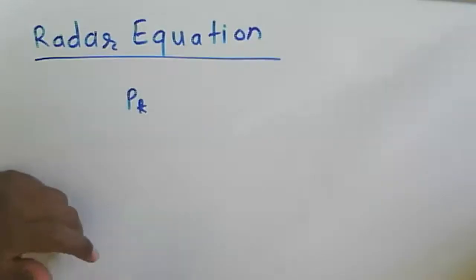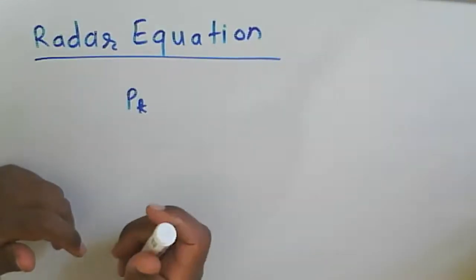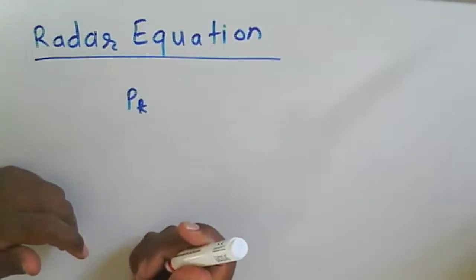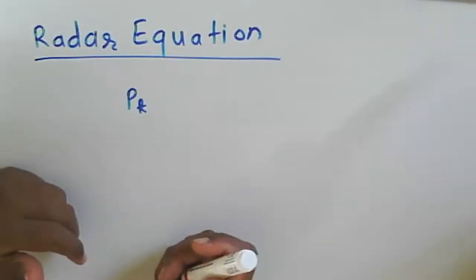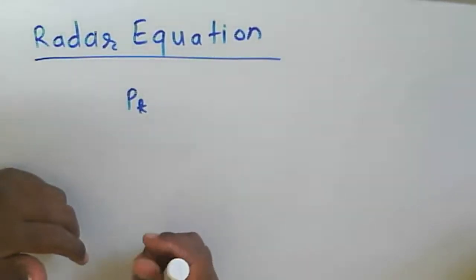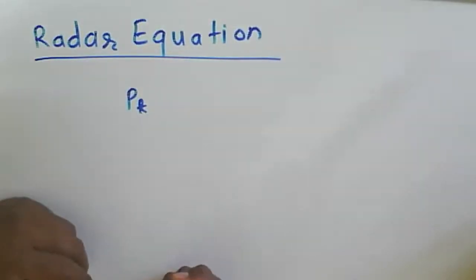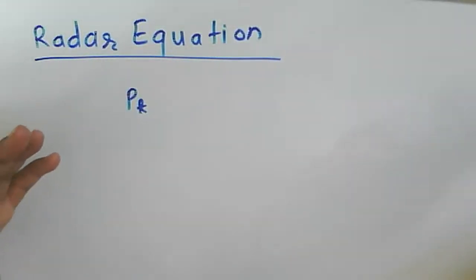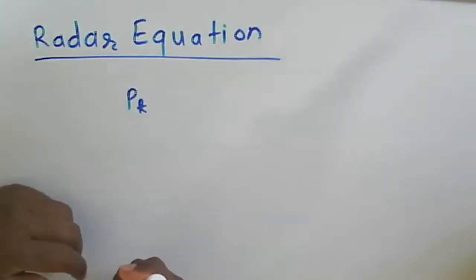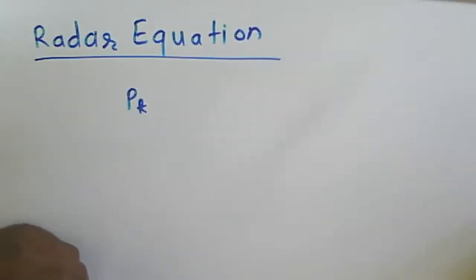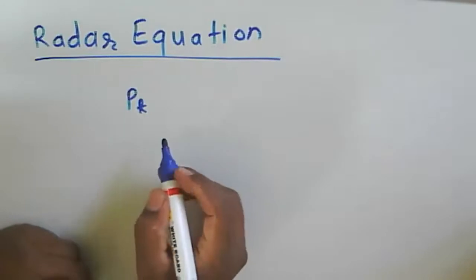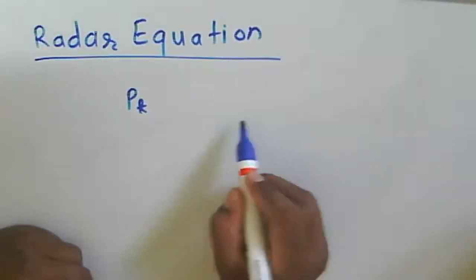So we see here what the transmitted power will be. For the transmitted power, we consider an isotropic antenna, which radiates power in all directions. Here we can consider that our antenna radiates in only one direction.